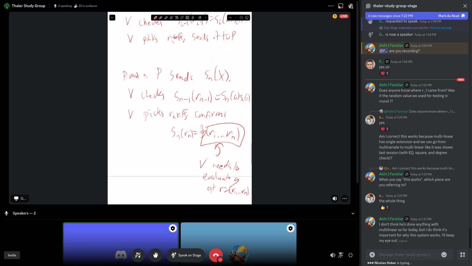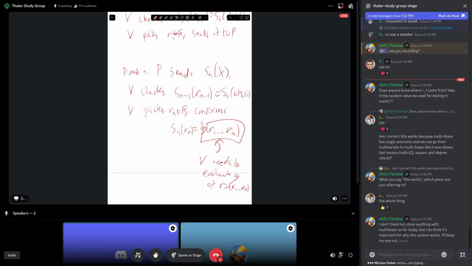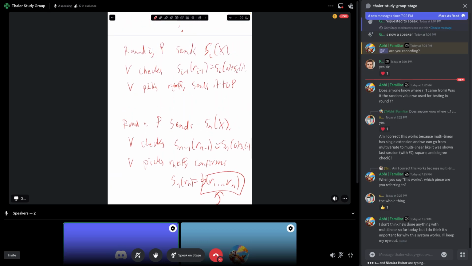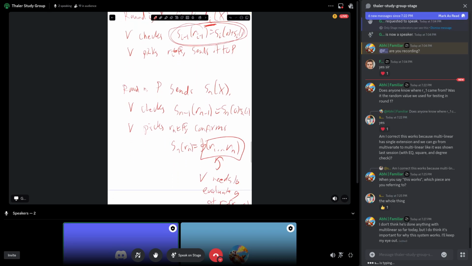Okay. And I presented it in a way that should make soundness and completeness kind of clear, right? So completeness requires that, if the prover is honest throughout the protocol, all the verifier's checks will pass. And we explicitly define each polynomial S_i to make this check pass. So all the checks wind up passing.